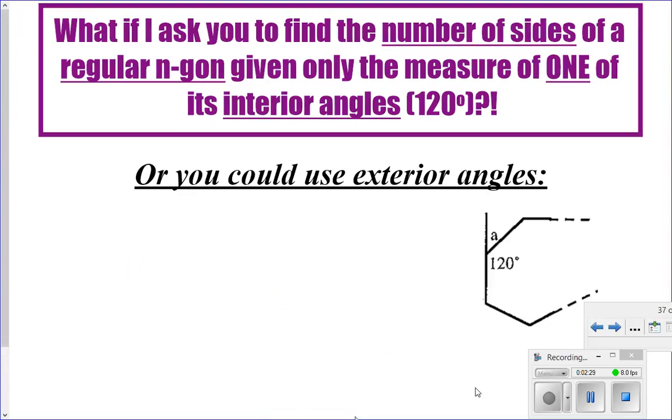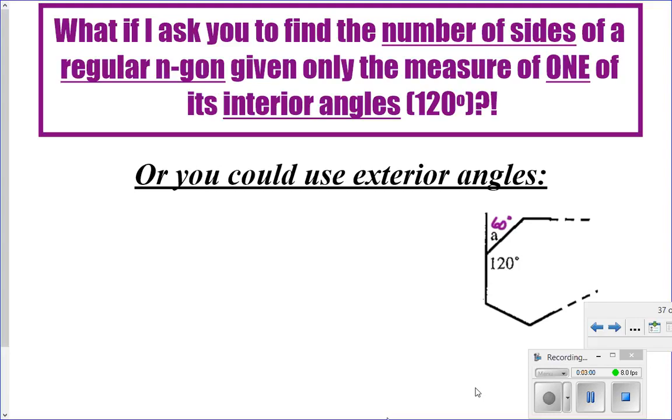Now, if you recall yesterday, we also talked about exterior angles and how we could use that information. So we could also do this problem using the exterior angle. Looking at this diagram, again, 120 is our interior angle, so it forms a linear pair with its exterior angle. So I know that the measure of angle A is 60 degrees because I subtract 180 minus 120, and that gives me that exterior angle.